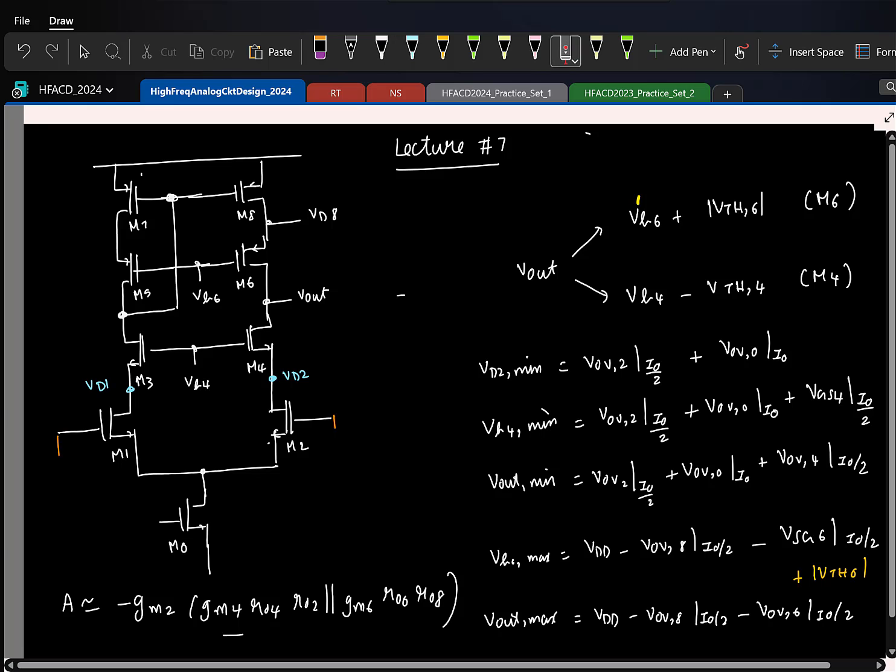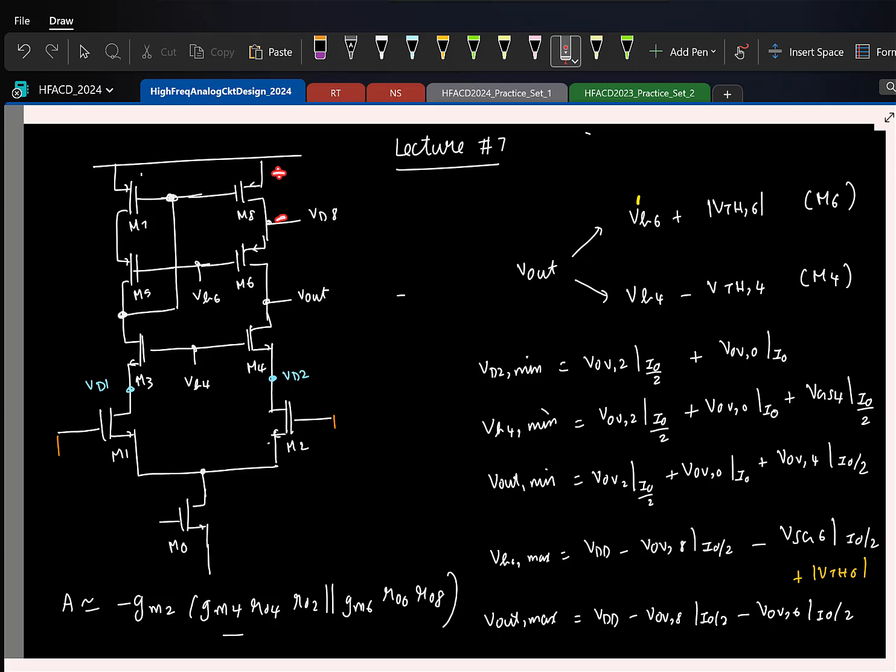From this output you can see that ideally you wanted to go all the way to VDD, but that's not going to happen because you have to maintain a minimum source to drain across both transistors, and that turns out to be this.